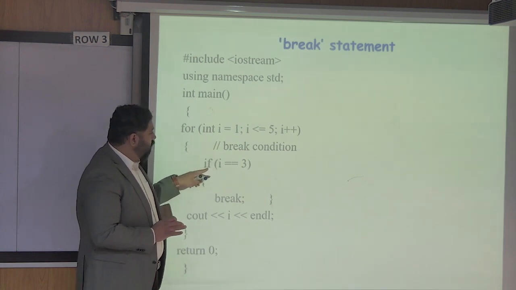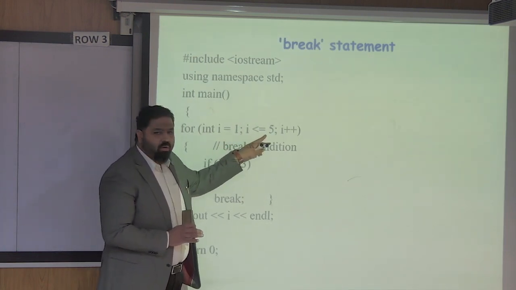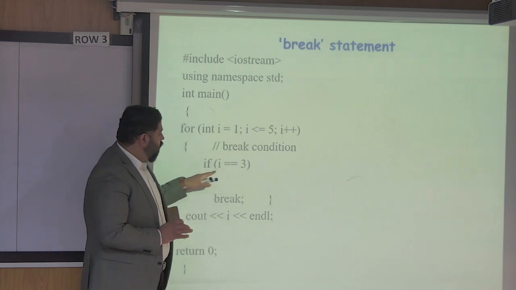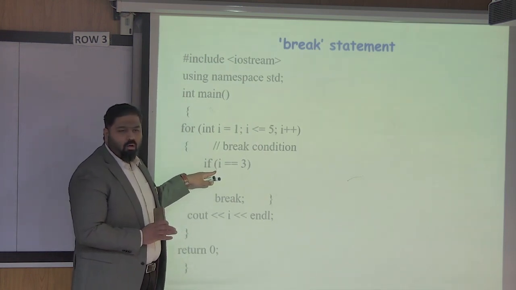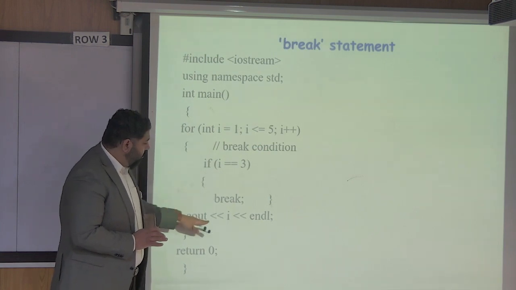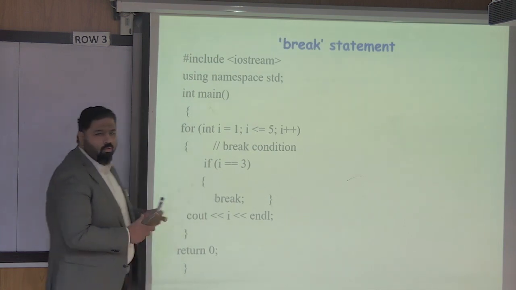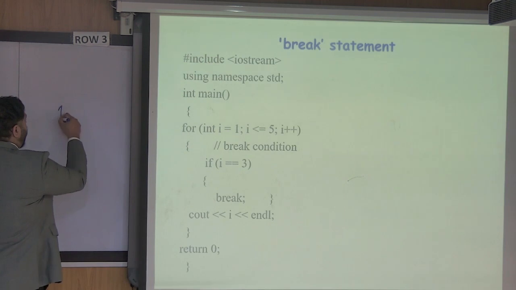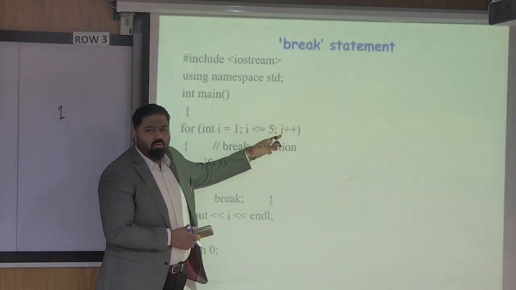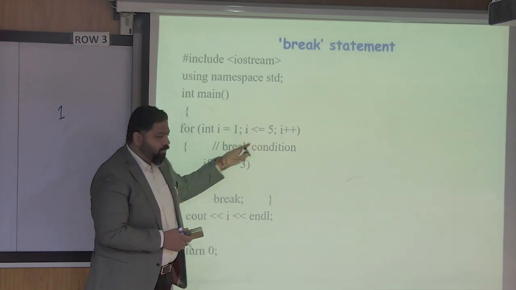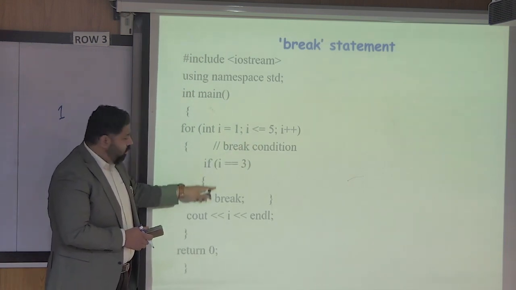Condition: i equal to 1, i less than or equal to 5, true. True or false with i value 1? False. That is clear. Control goes over here, i becomes 2, true or false? False.